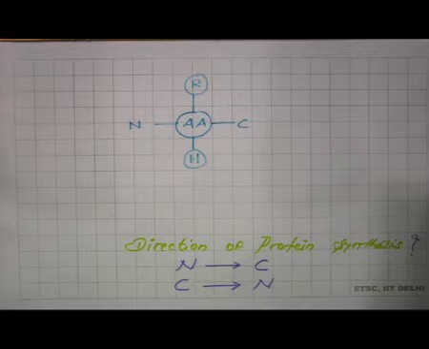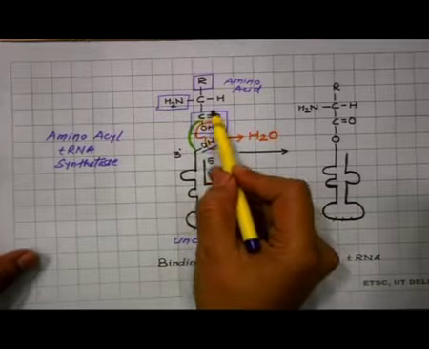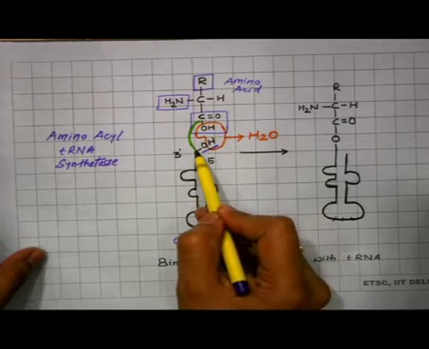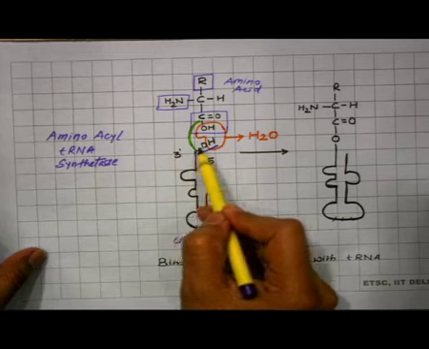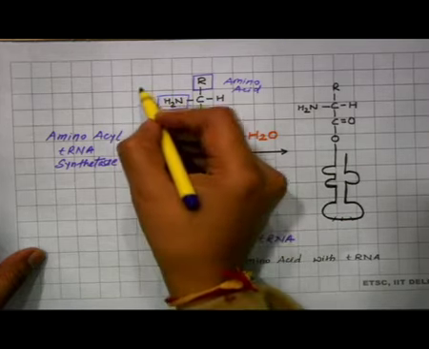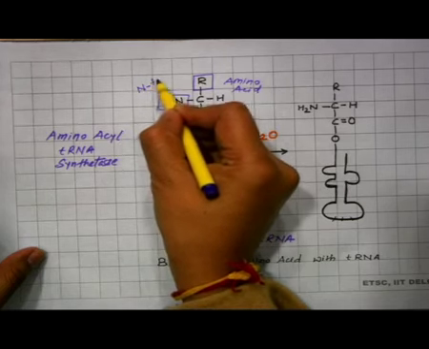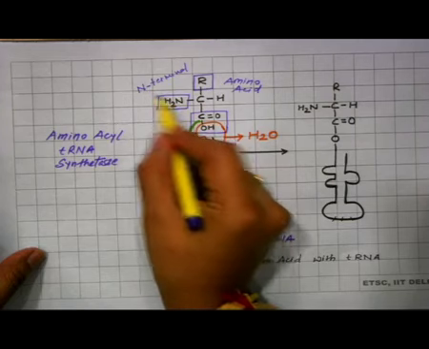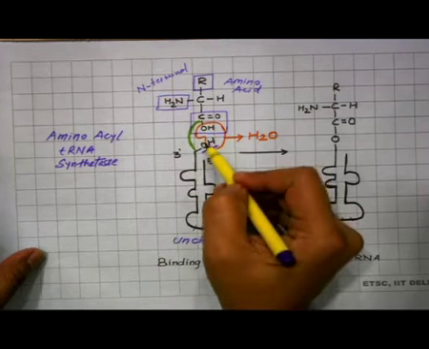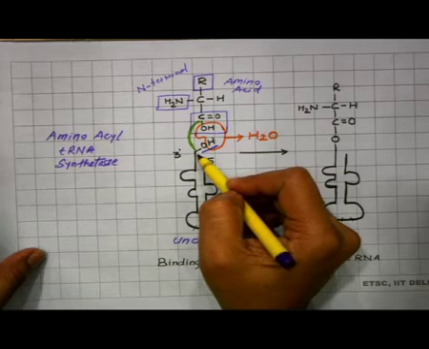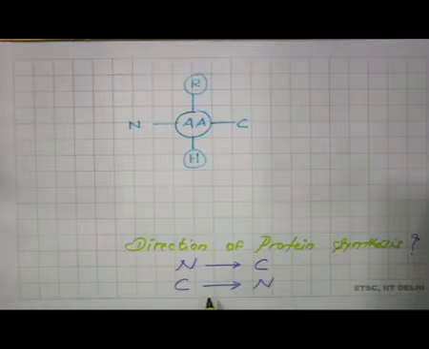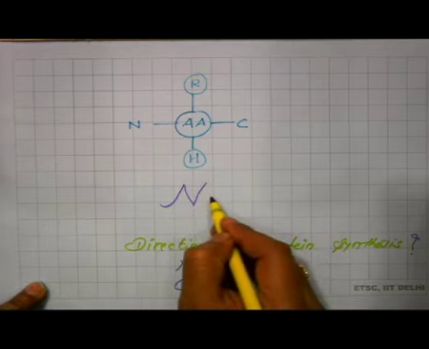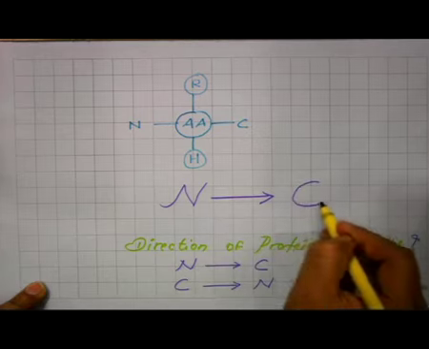So, you can see the C, the carboxylic part of the amino acid, is combining with the transfer RNA. So, the nitrogen part, that is the N terminal, is always free, and the C part will always combine with the transfer RNA. So, the direction of protein synthesis is always and always N terminal to C terminal.